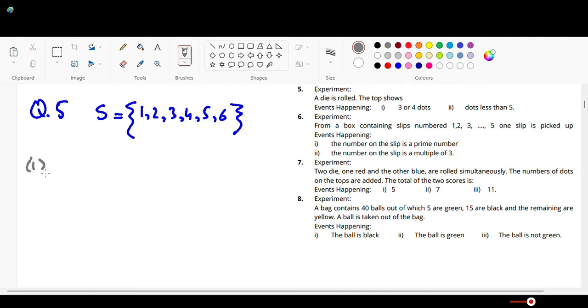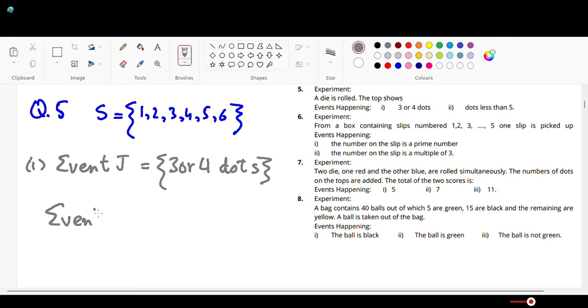I'm going to name it event J. Event J is 3 or 4 dots, the possibilities of us getting 3 or 4 dots. So event J will be equal to 3, 4, and that means the number of elements in set J will be 2.